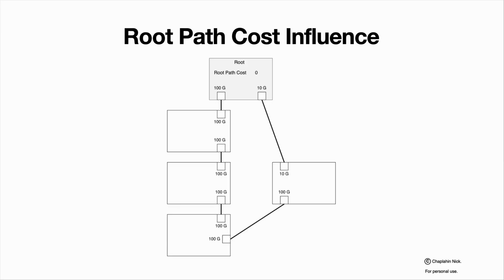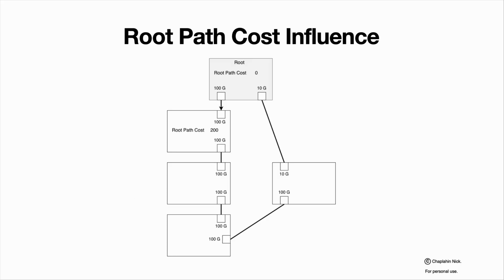Let's go. BPDU is sent from the root with root path cost 0. Recommended port path cost for 100 is 200, so here root path cost will be 200. Same here, BPDU goes with 200.